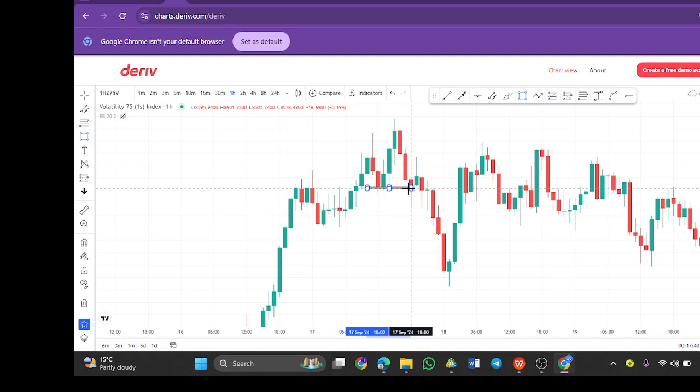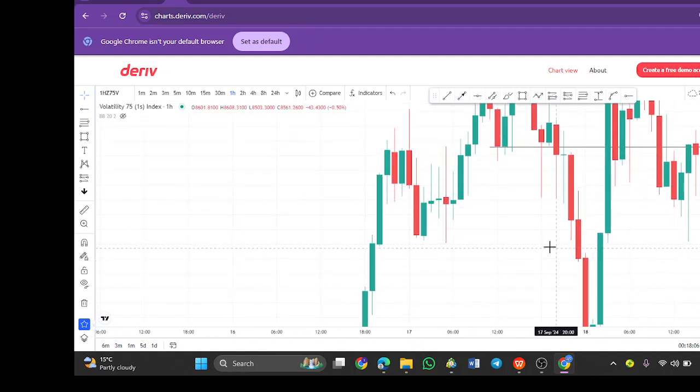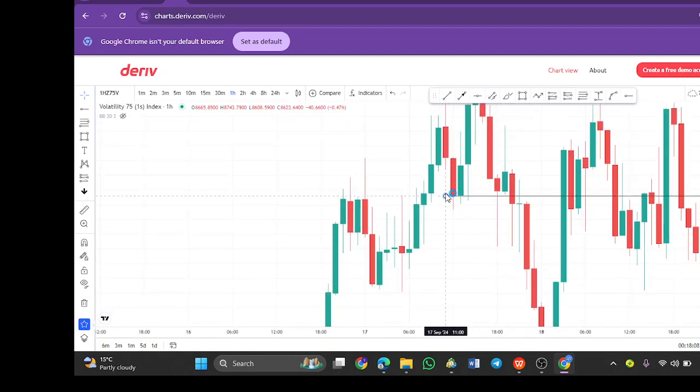You just mark from below, or we can use the beginning of this body, and they should be on a straight line. They should be aligned. So that's a sell zone.